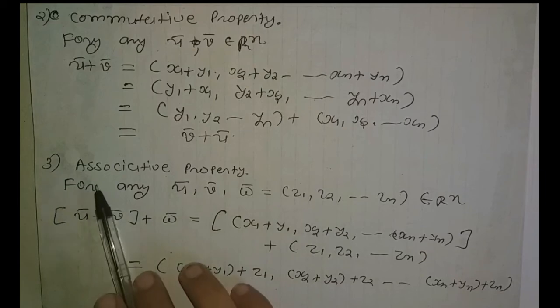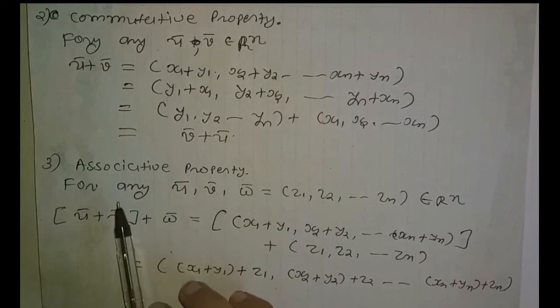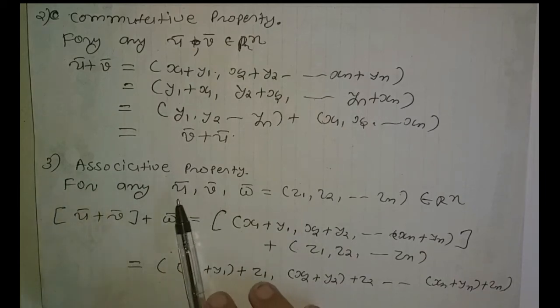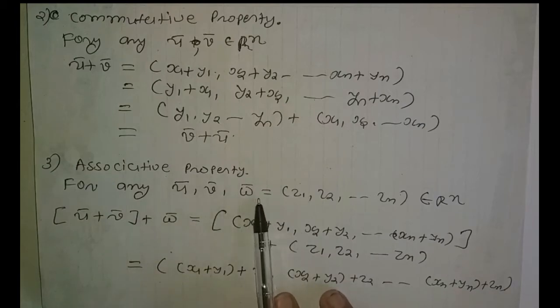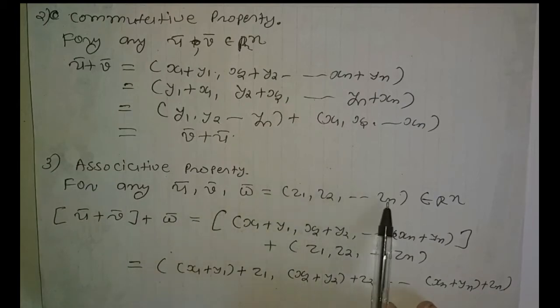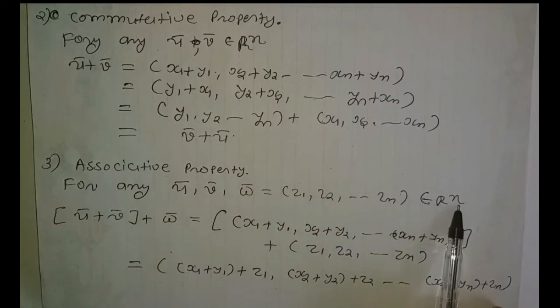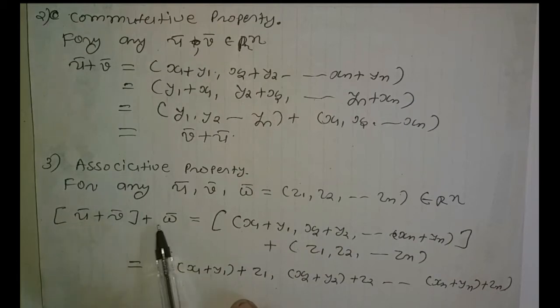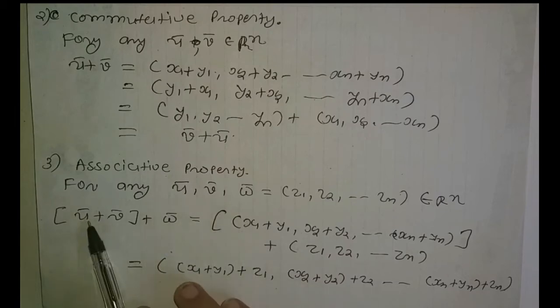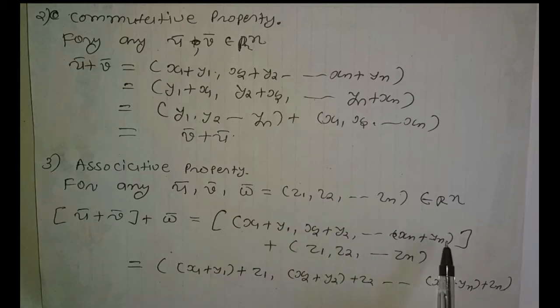Now third is the associative property. This is very easy. Let us consider three vectors u bar, v bar and w bar, where w bar is equal to z1, z2 up to zn from the set Rn. First of all we consider the addition of u bar plus v bar, then we add w bar. The addition of u bar plus v bar is equal to the vector x1 plus y1, x2 plus y2, up to xn plus yn.